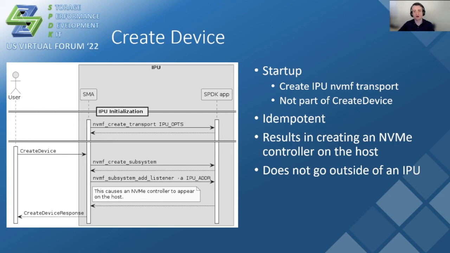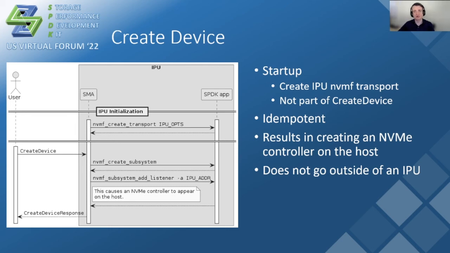This is not a part of the create device RPC, but I think it's important to know that this happens at the very beginning before any RPCs are actually sent. So after that happens, the user can send a create device request.